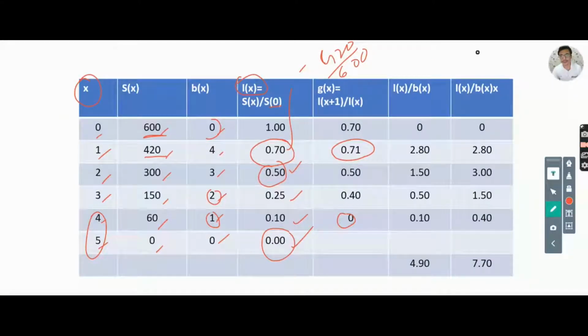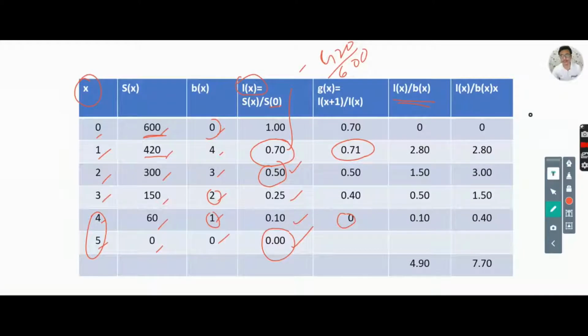And Lx by Bx. This is one of the derivations that we can have for calculation. We'll come to know what is the use of this. Then you can come to the Lx Bx, and Lx Bx x. Here you can have 0, 2, 8, 3 like this.